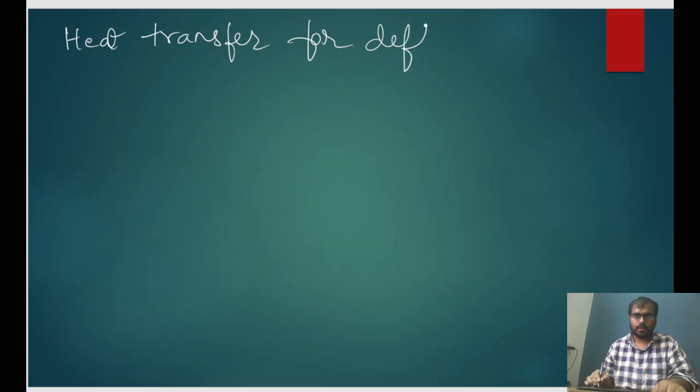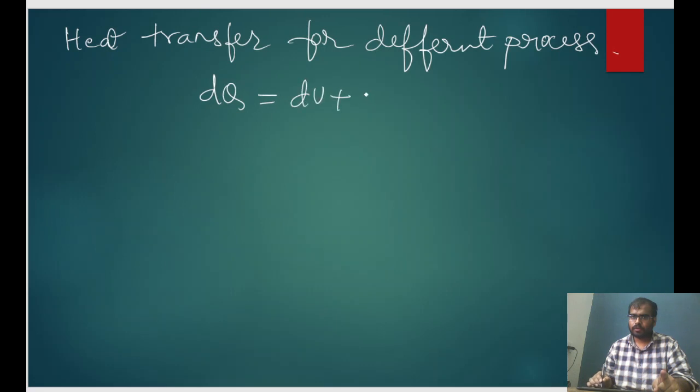The next concept is the value of Q, that is, heat transfer for different processes. Let us see the formula for heat transfer for different processes. The basic formula comes from the first law of thermodynamics, that is dQ is equal to dU plus work done.